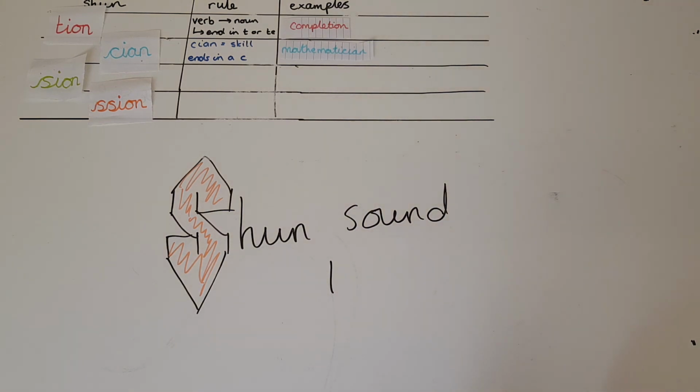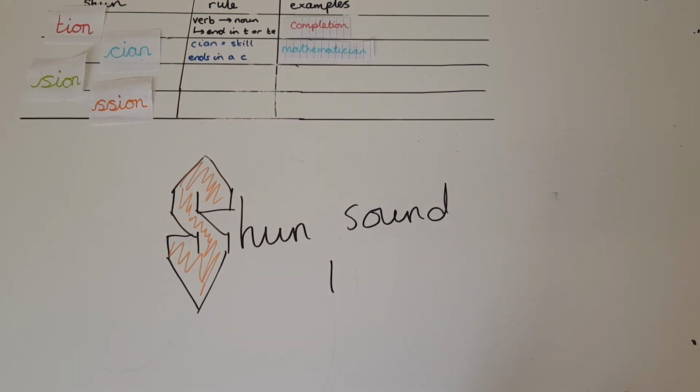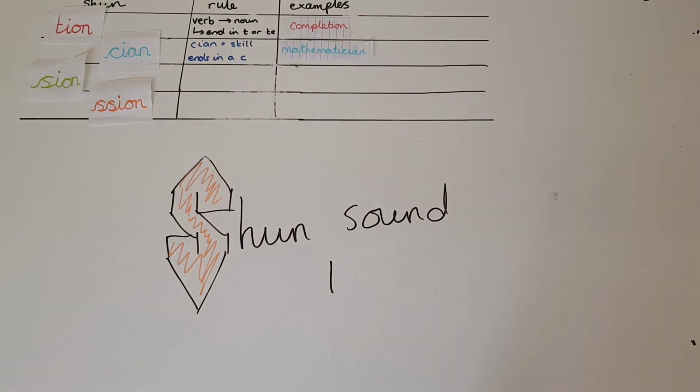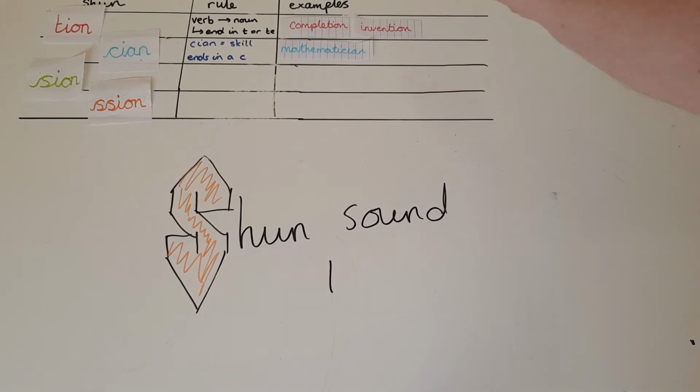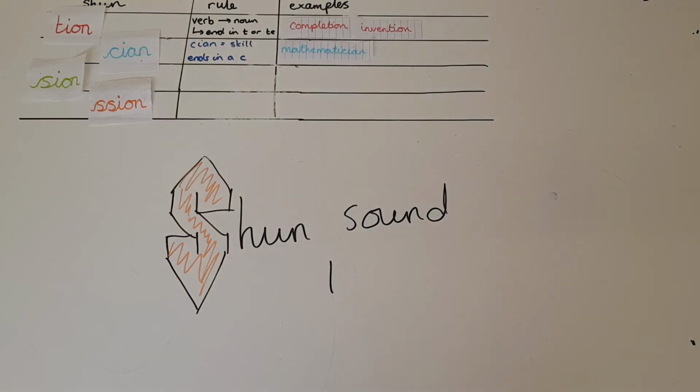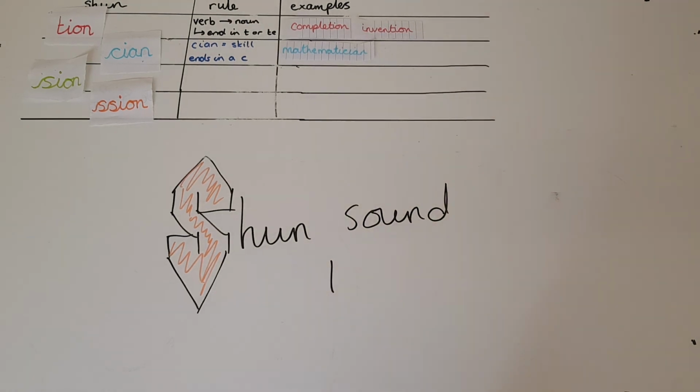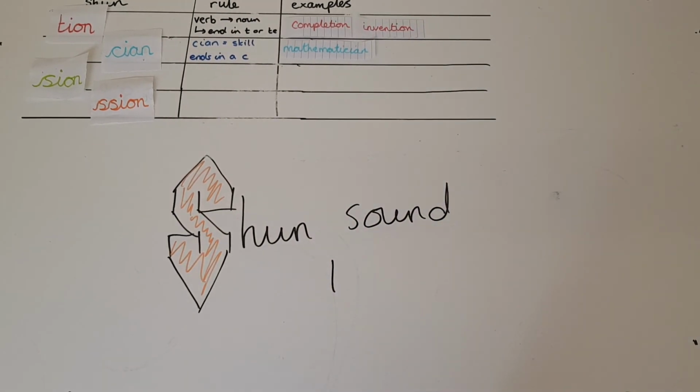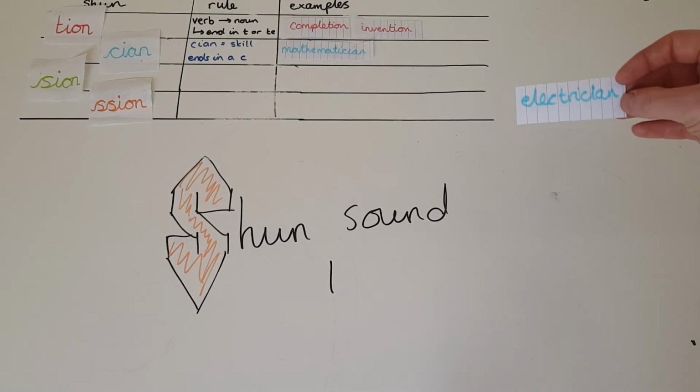What about invention? To invent something is a verb ending in a T, so the word invention is a noun. It'd be TION. And then what about electrician? Electric is the root word there. It's a job ending in a C, so electrician would be CIAN.